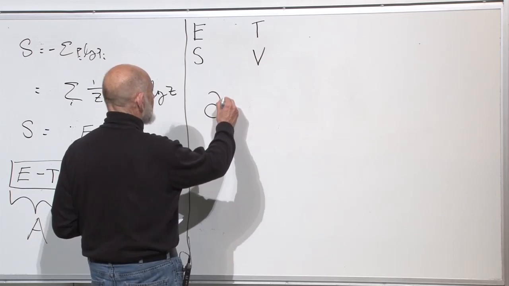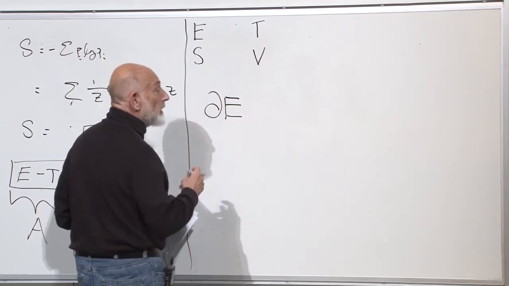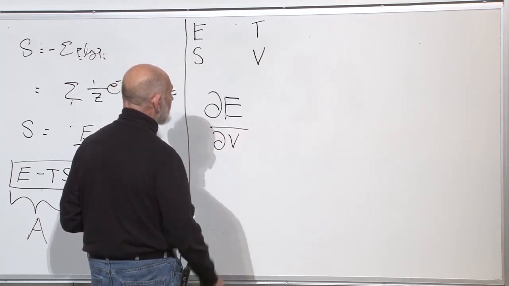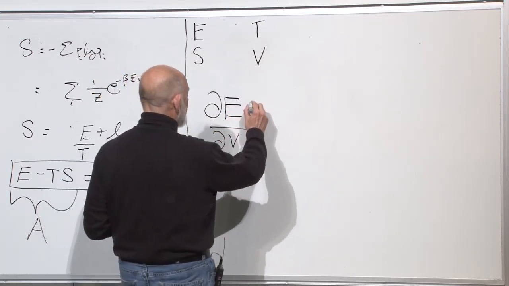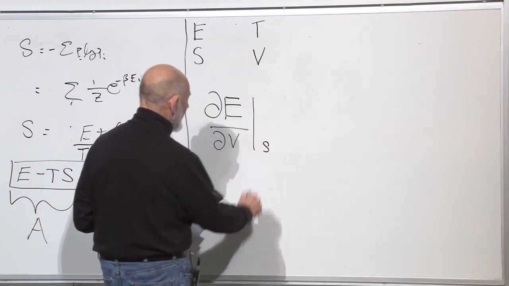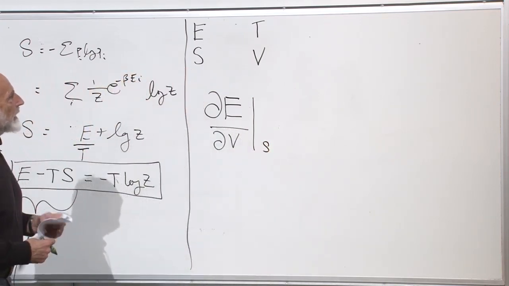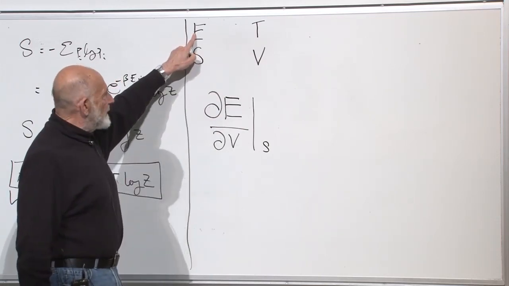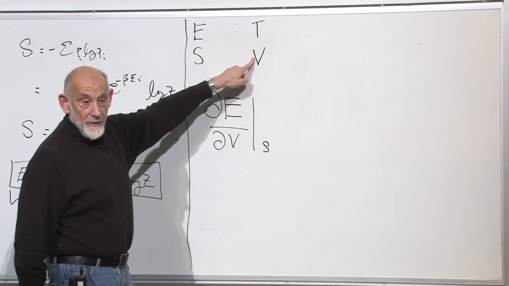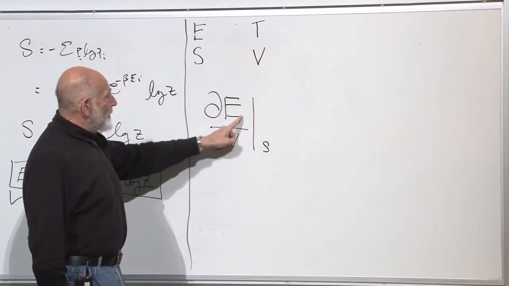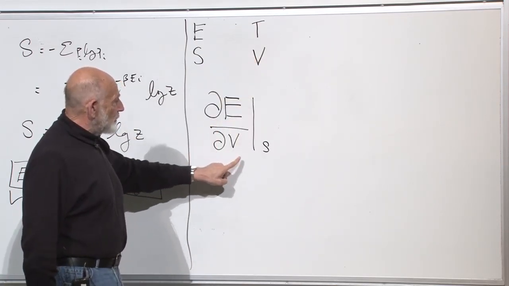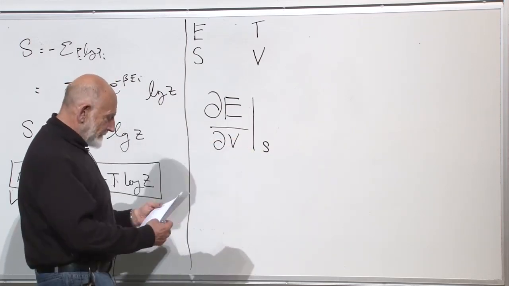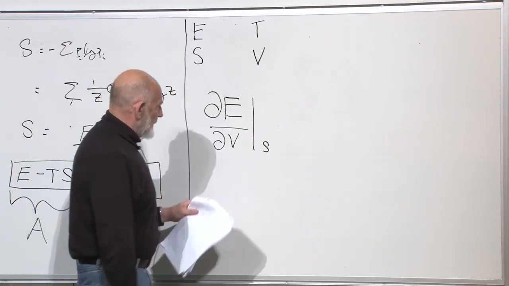The theorem says that the derivative of the energy, E, with respect to the independent variable V, at fixed S. Now that's a funny thing to do. If these are the independent variables, you usually differentiate the dependent variables, keeping some independent variable fixed. But we're going to do something different. We're going to differentiate E with respect to volume, keeping the entropy fixed. We'll see what that means in a moment. Okay? That's what we're interested in.